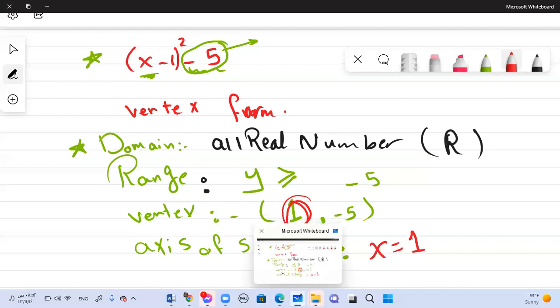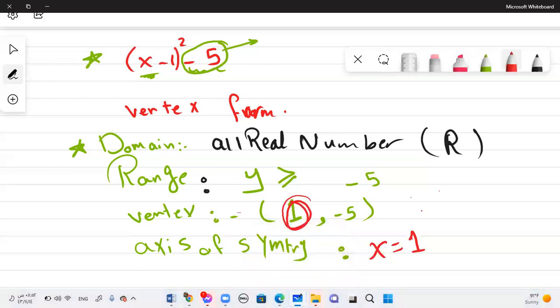The vertex is outside the bracket, this point. I don't need the y-intercept now. When we have bx we write the y. I can find the y-intercept from this point.